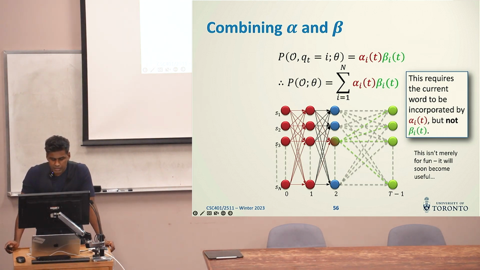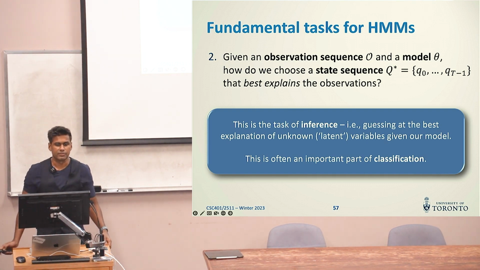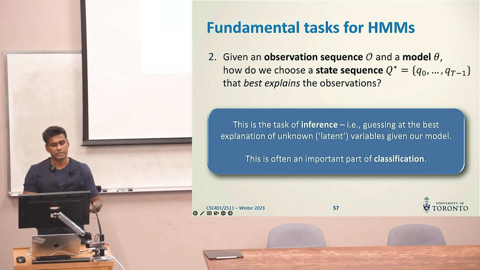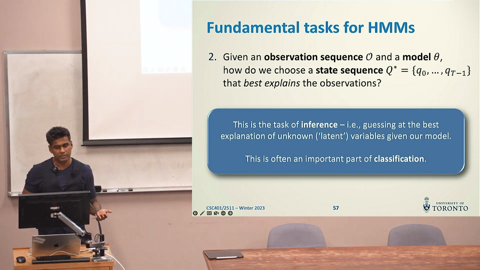Okay, so with that, let's move on to the second fundamental task for HMM, which is the main content for today's lecture. This is the task of inference. We're given an observation sequence, and we have a model parameterized by theta. Then we're asking: what is the best possible hidden state sequence that will give rise to the observations we're seeing, or what state sequence best explains our observations?